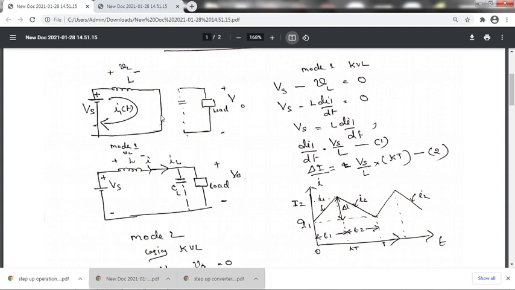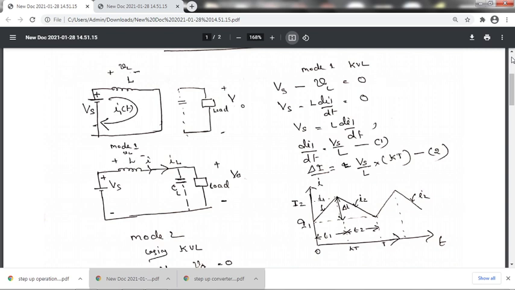When you open this, the sign of the EMF induced in the inductor will change. If earlier this side was positive and this side was negative, now this side becomes negative and this side becomes positive. The sign reversal of the induced EMF takes place when you open this switch.